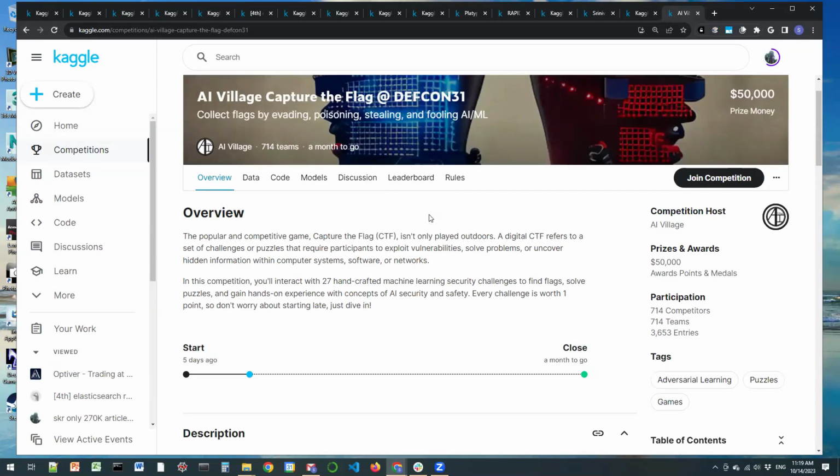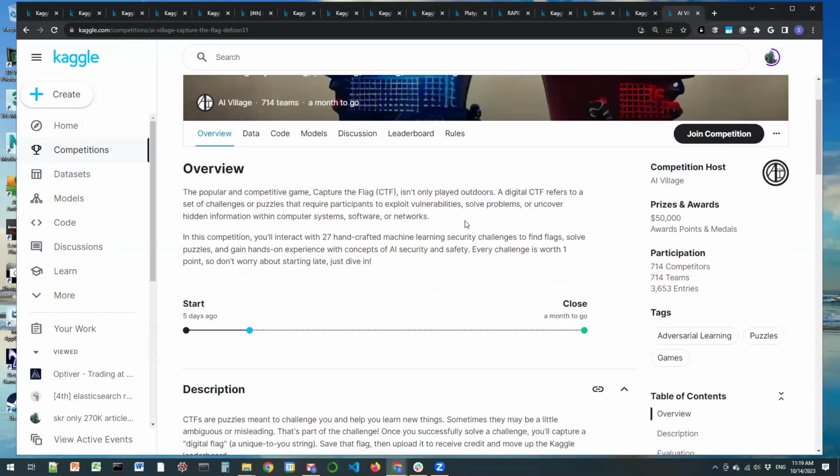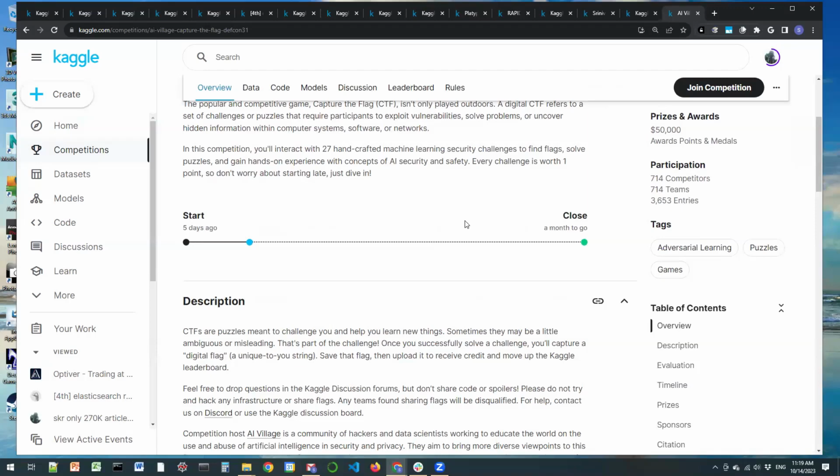It only lasts for a month, and you don't get any points or medals or anything like that. You've got to solve each puzzle, and if you solve it, a flag pops out, and then you submit that. But it's random stuff.